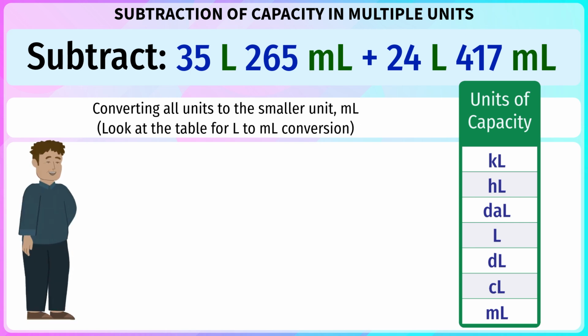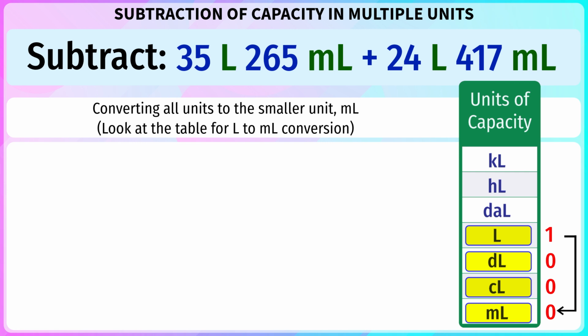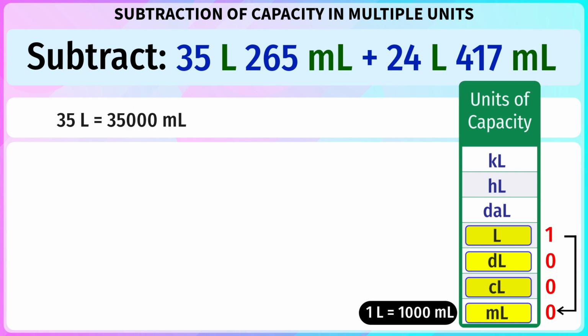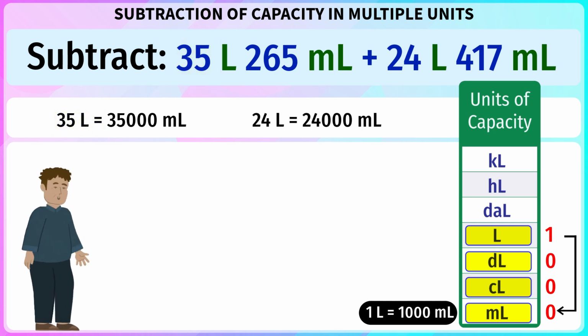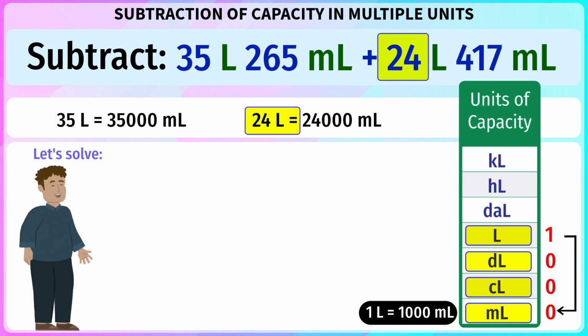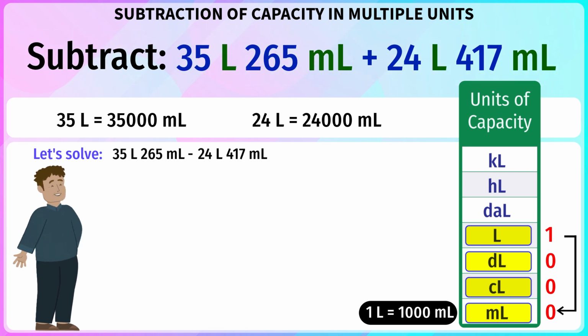One liter is equal to 1,000 milliliters. 35 liter equals 35000 ml. 24 liters equals 24000 ml.